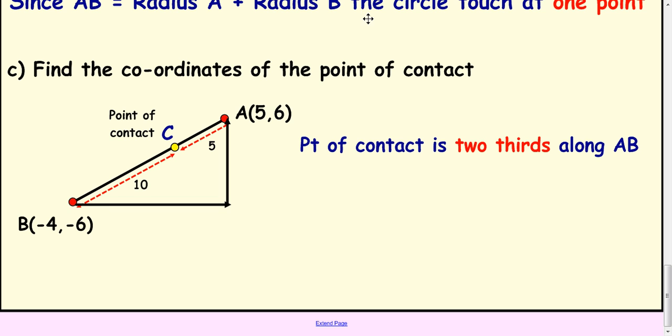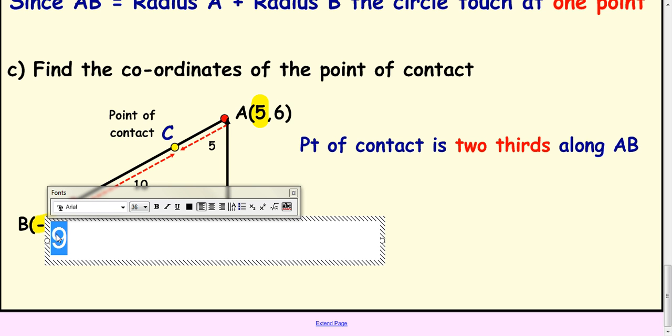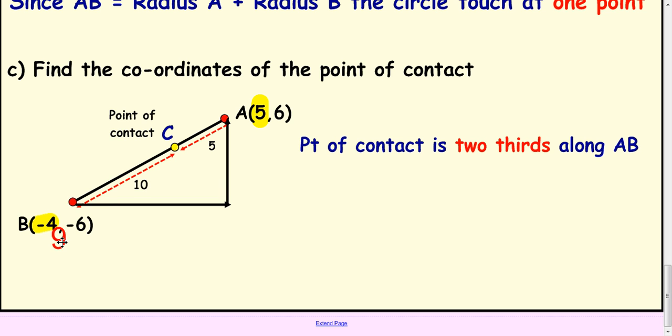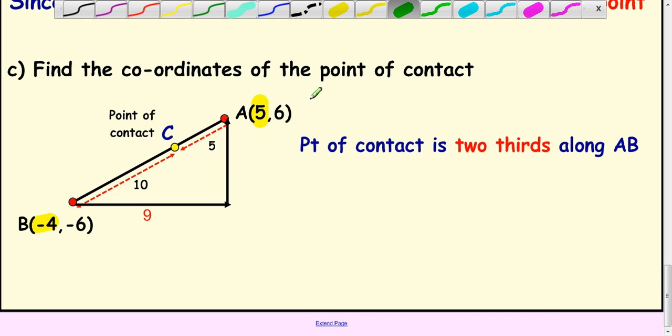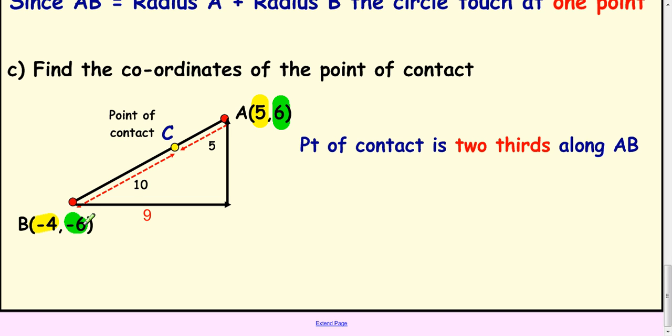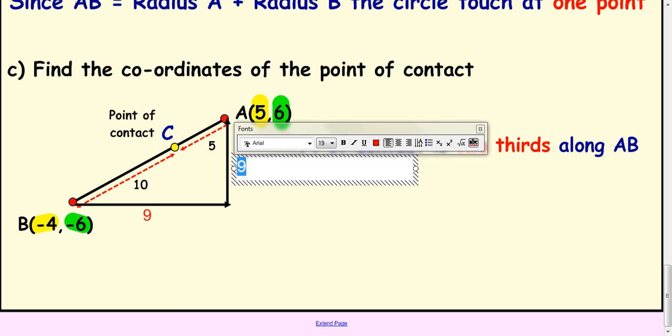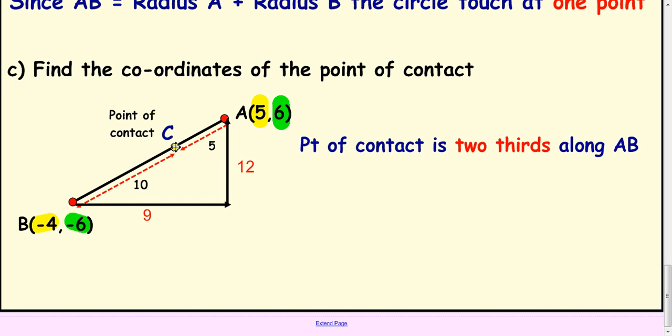This length goes from negative 4 all the way up to 5, so that length there is 9. And the y values go from negative 6 to positive 6, so up and down the way is 12. So we're trying to get 2/3 along and 2/3 up to get to the point C.